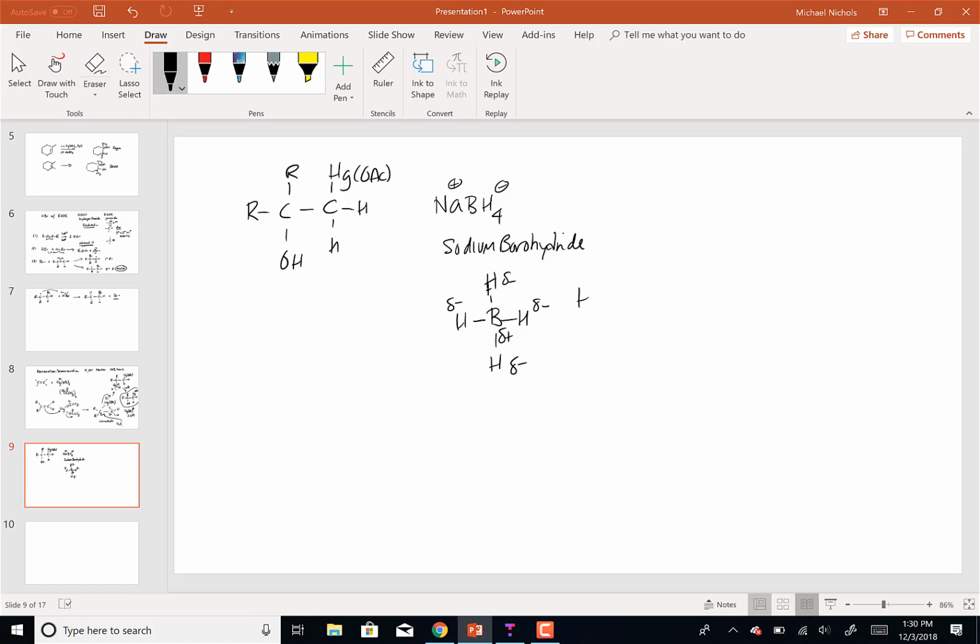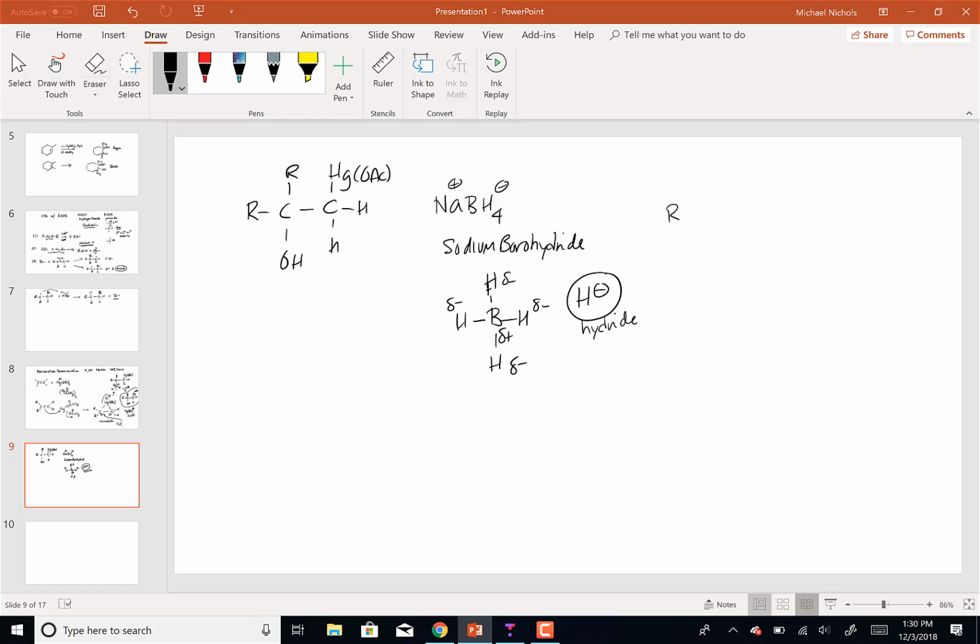So that basically means that sodium borohydride is the source of H minus, which is called hydride. And we'll talk more about hydride next semester. So basically that hydride replaces the mercury in exactly the same position that the mercury was in.